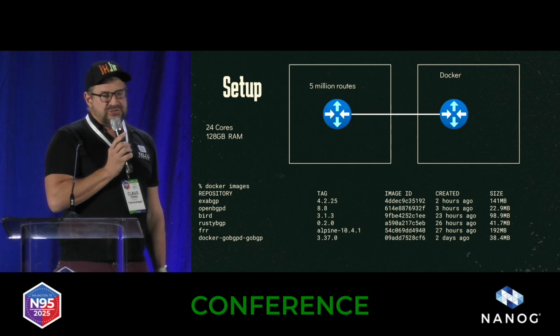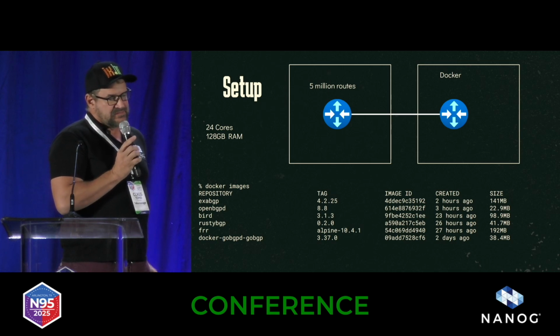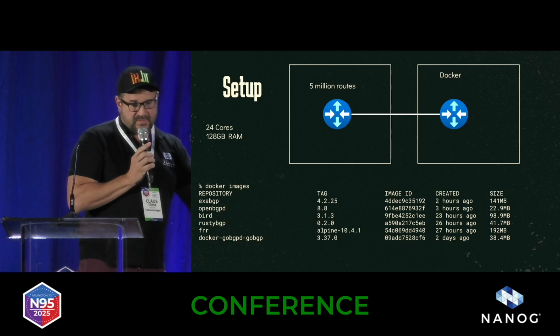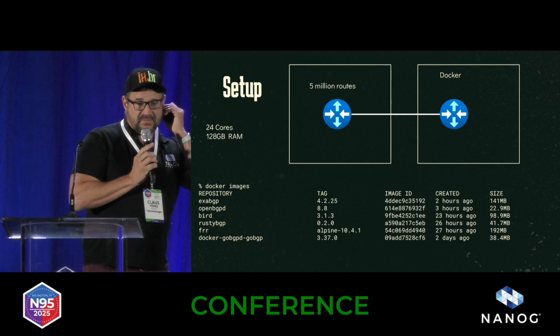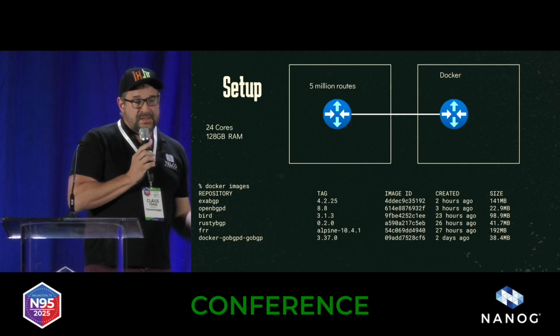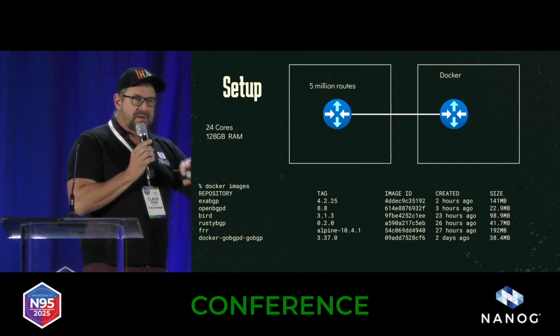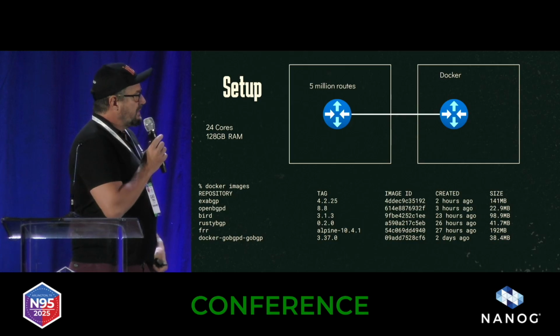The OpenBGP daemon is just 20 megs. FRR is 192, but with lots of daemons and libraries, and also ExaBGP, which is consuming around 140 megabytes in terms of image size.